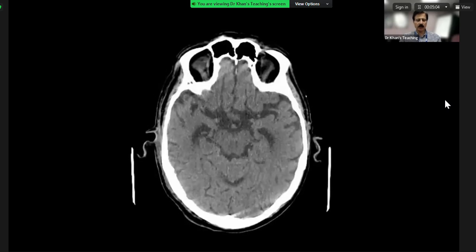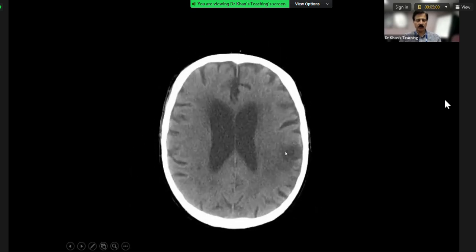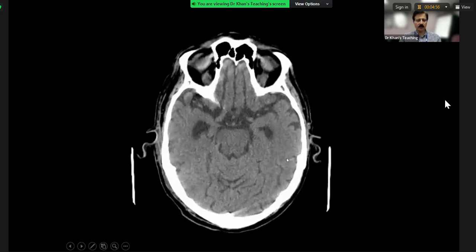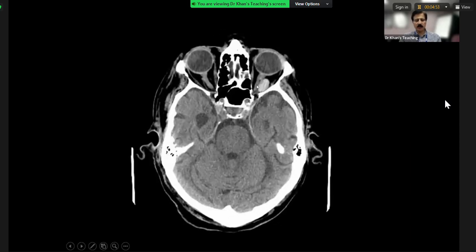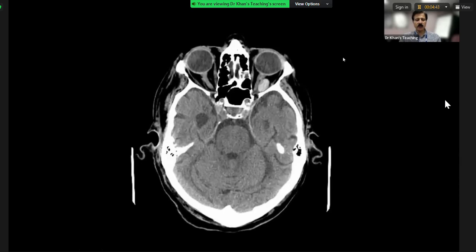And you are going up and down and you are saying that CSF spaces are prominent and there is a chronic infarction here and whatever. But the finding is there, right? So this is what satisfaction of search is about. So I want to highlight that always look at the head and neck territory. Cavernous hemangioma is usually an incidentaloma.